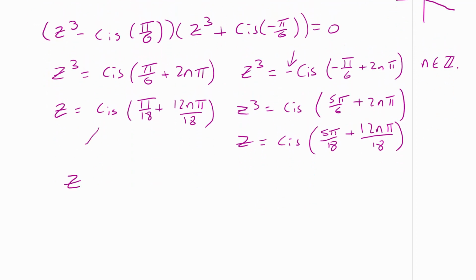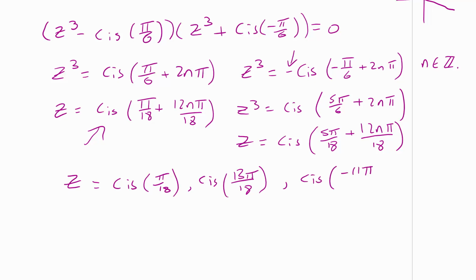So if we go from this one here, we'll get cis pi by 18, that's using n equals 0. Then n equals 1 gives us cis 13 pi by 18. And using n equals negative 1, we're going to get cis negative 11 pi by 18.